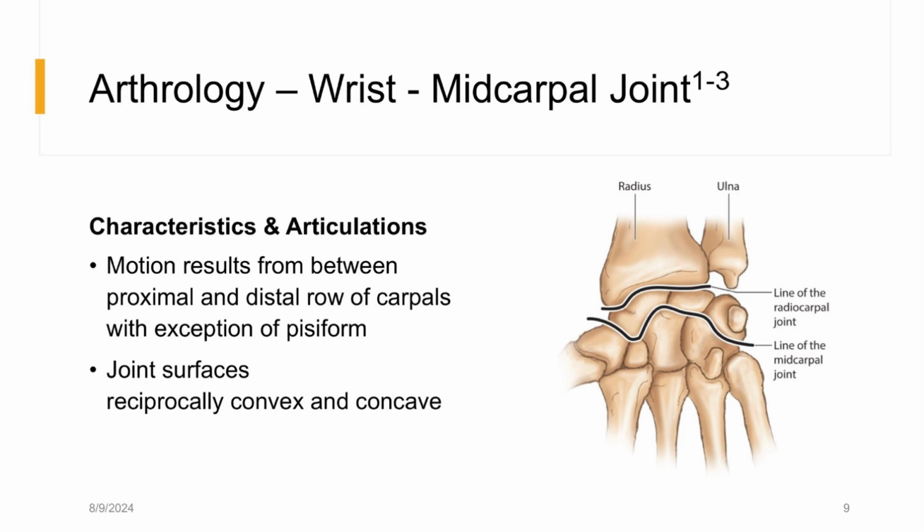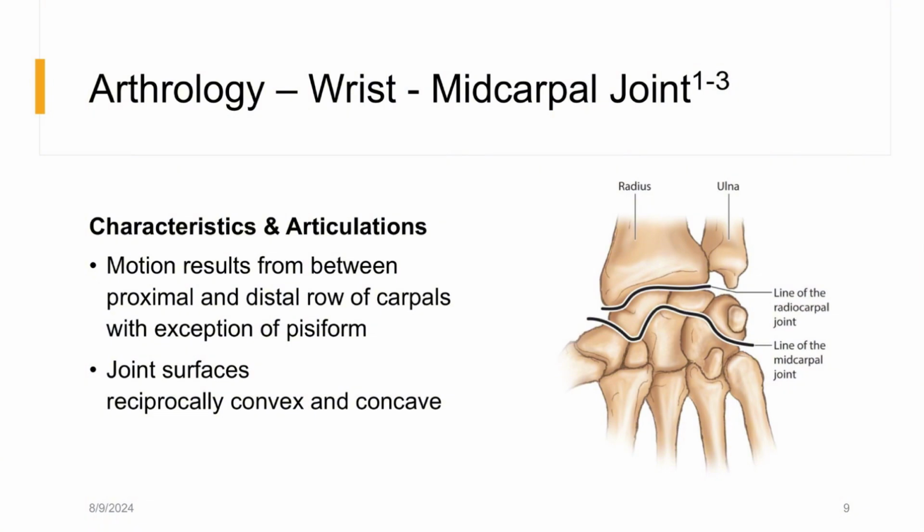So if you look at my arrow right here on this proximal row, you have the scaphoid right here, right? And you can see that the scaphoid at a certain point becomes convex. Then you can see at a certain point it becomes concave.